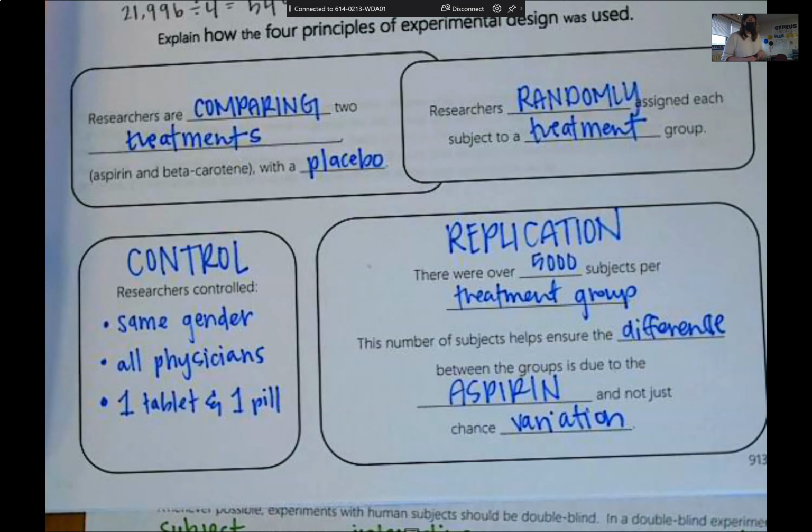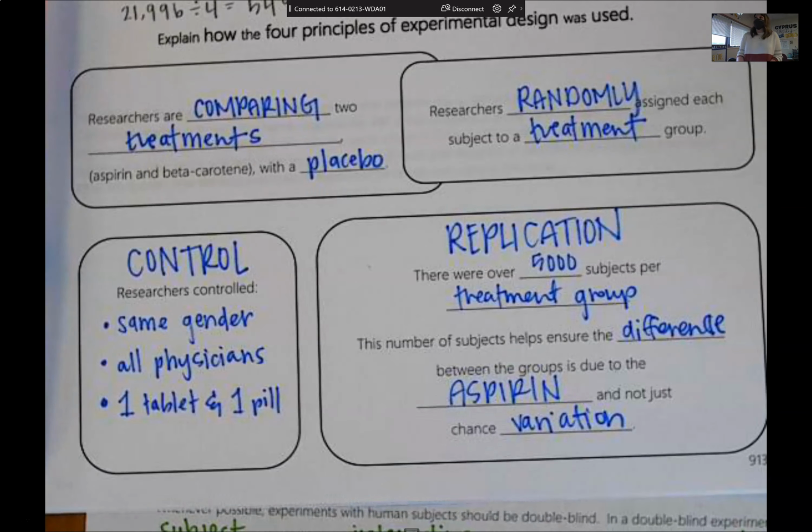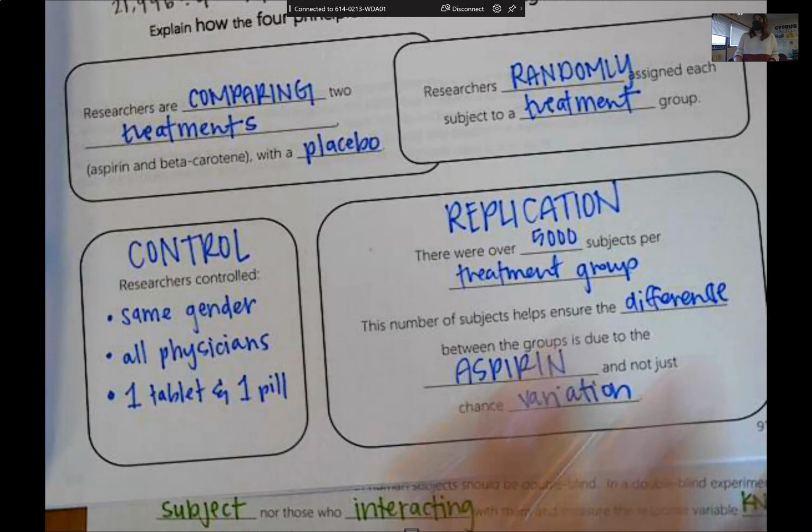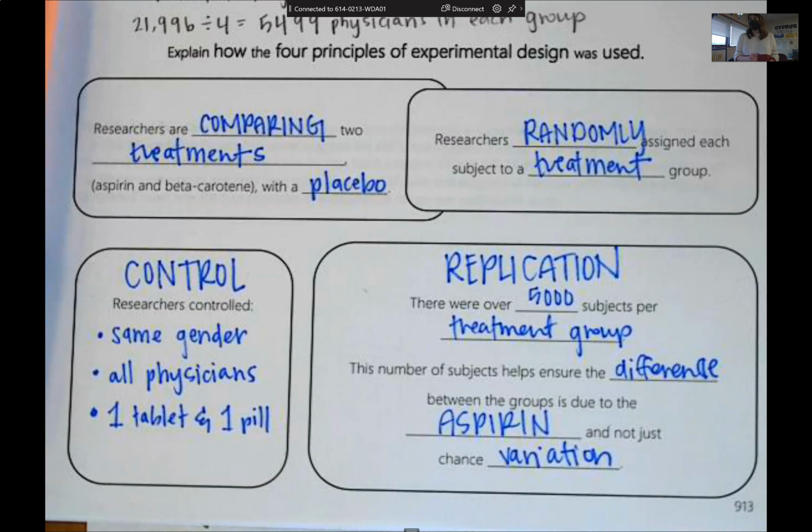Not just that one group had a lot of healthy physicians and the other one didn't. Or not just that one group had a lot of athletic physicians and the other one didn't. So replication helps us know that it's the aspirin that caused the change and not some other confounding variable.